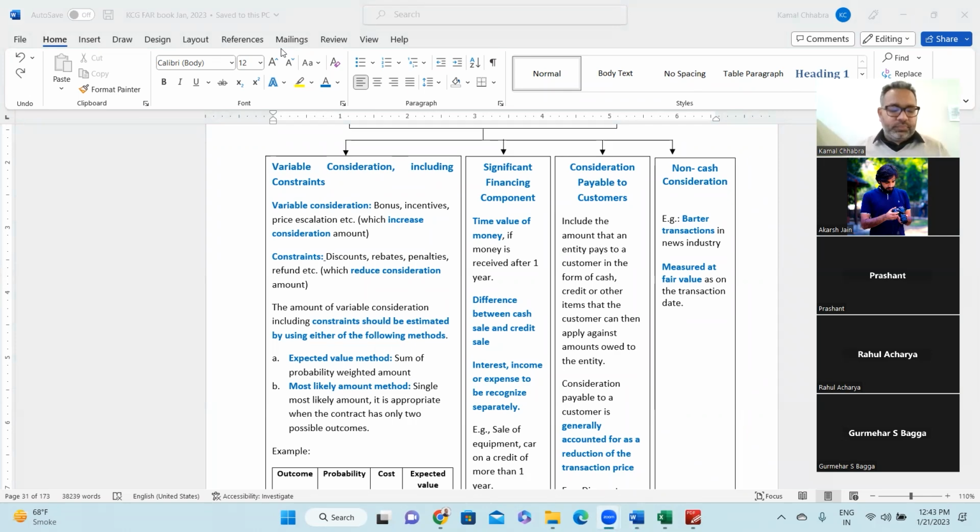Okay, so in the transaction price, what are the five key components of transaction price? Variable consideration, constraint. Start with fixed.